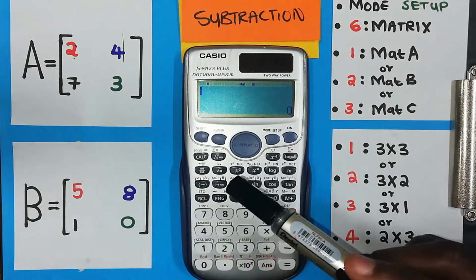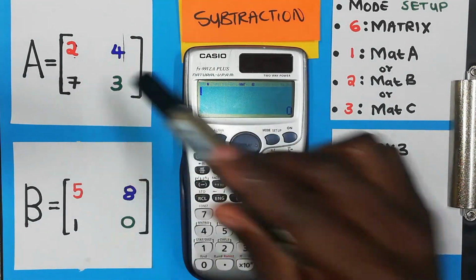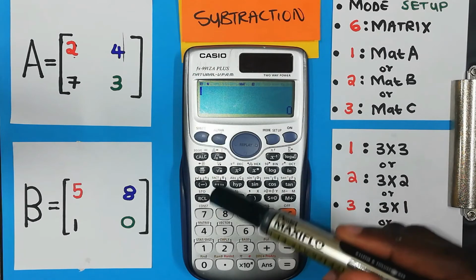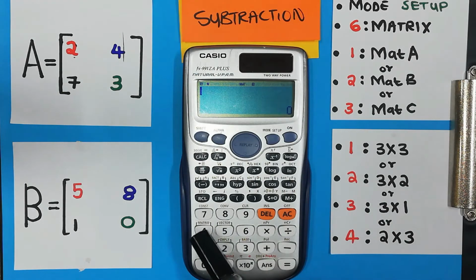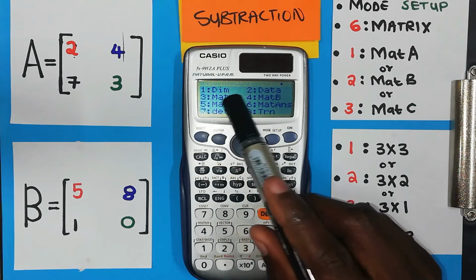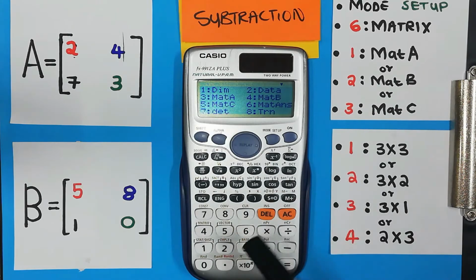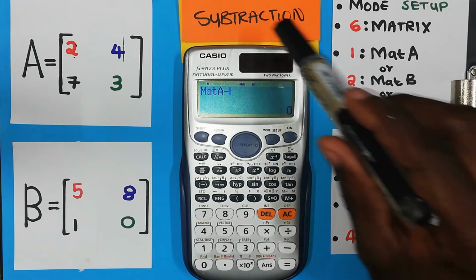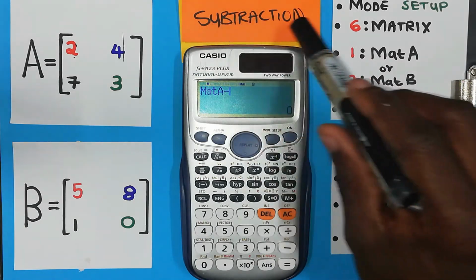Let's access matrix A. You press shift and you press 4 for matrix. Then you select matrix A, which is option 3. There we go. Then I press the subtraction sign because we are subtracting now.